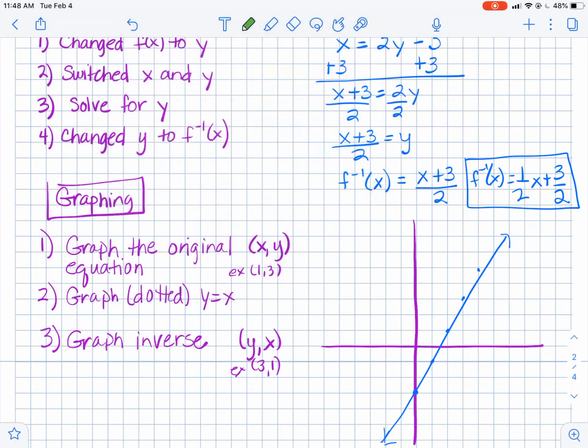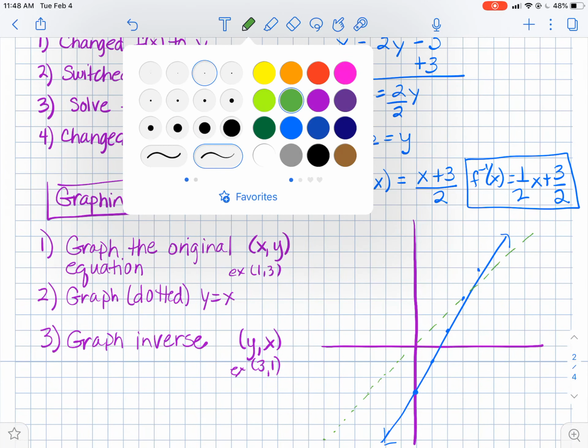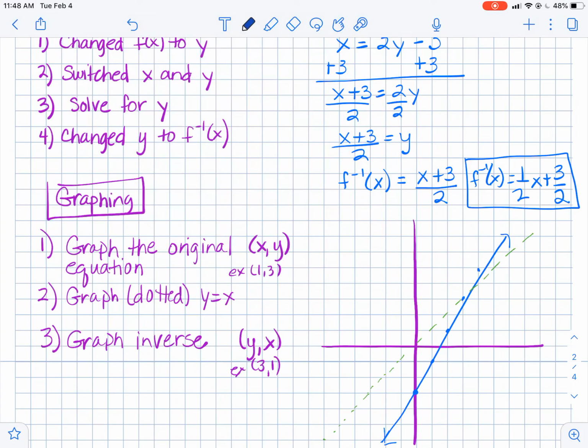Okay, the next thing I'm going to do is dot in the y equals x line. The y equals x line is exactly what it says: y equals x. So it'd be 0, 0, 1, 1, 2, 2, 3, 3, and so forth. Then the next thing I'm going to do is graph the inverse.